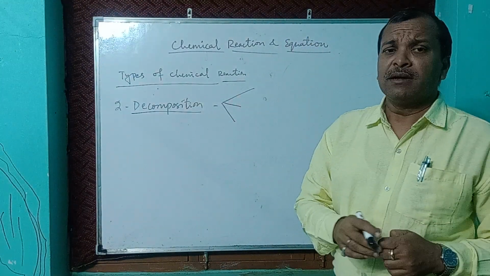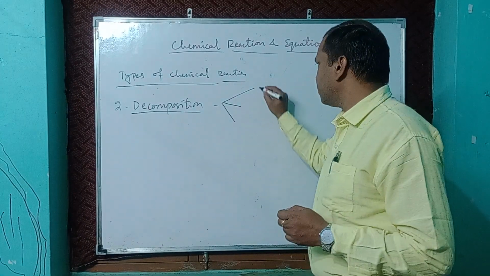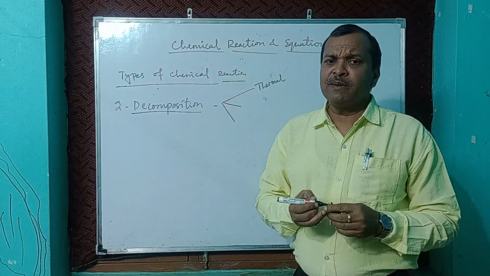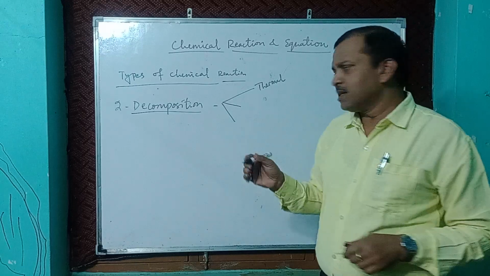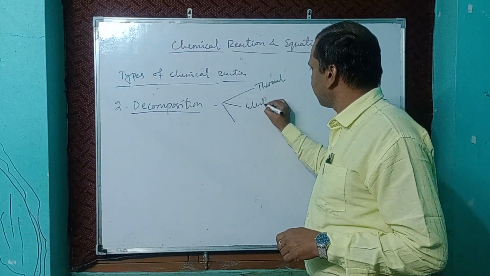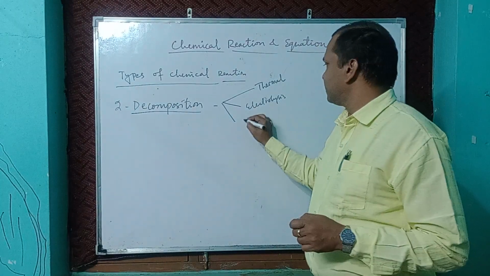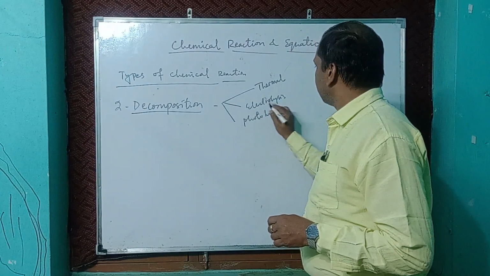Decomposition reaction, you can group it into three types. First one is thermal decomposition. What do you mean by the thermal? Thermal means heat. Second one is electrolysis. Third one is photolysis.